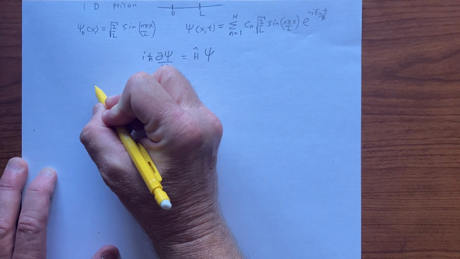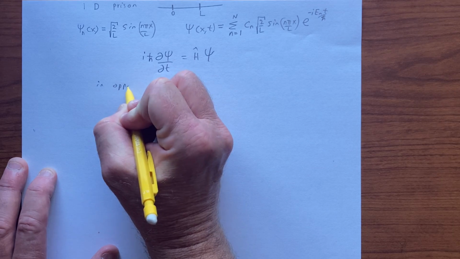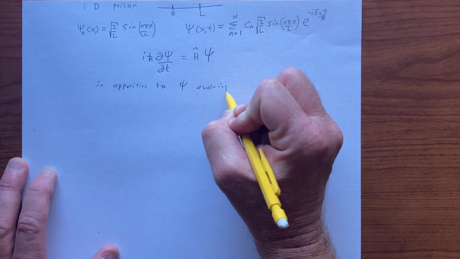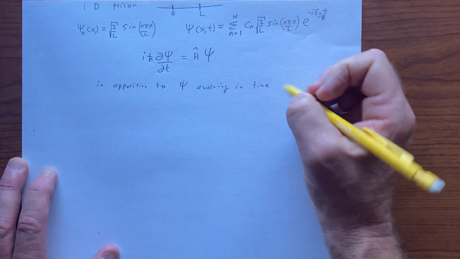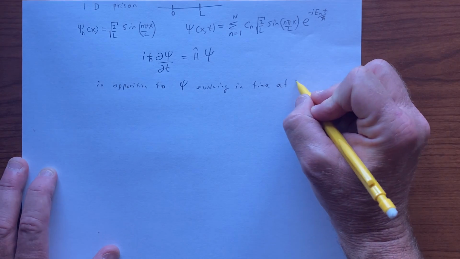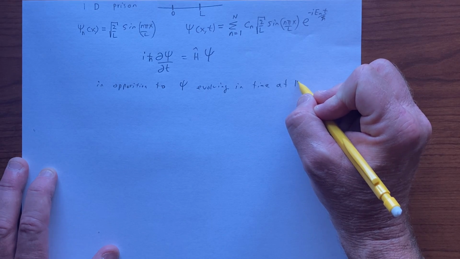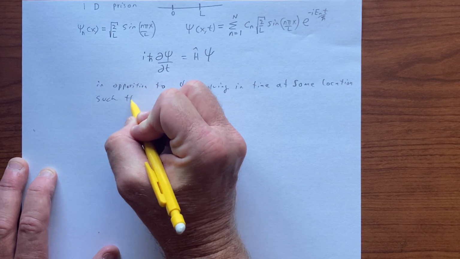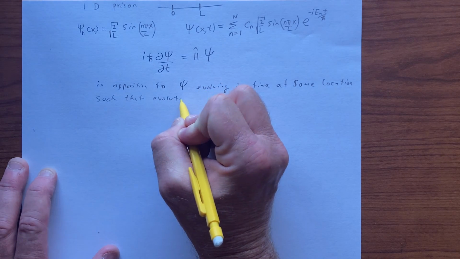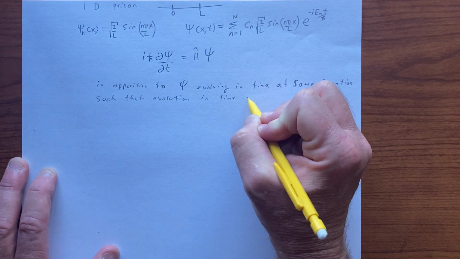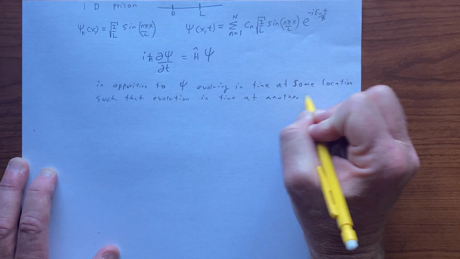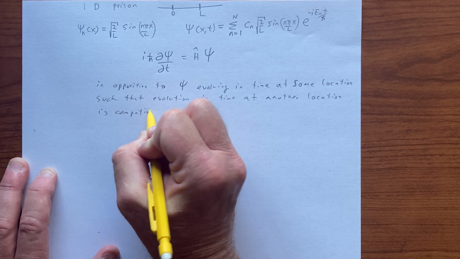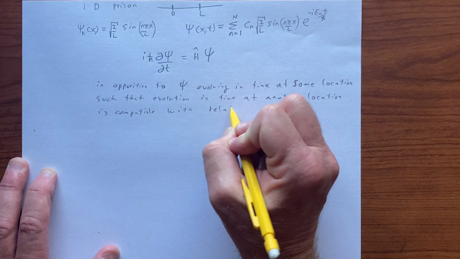This is in opposition to the wave function evolving in time at some location such that evolution in time at another location is compatible with relativity.